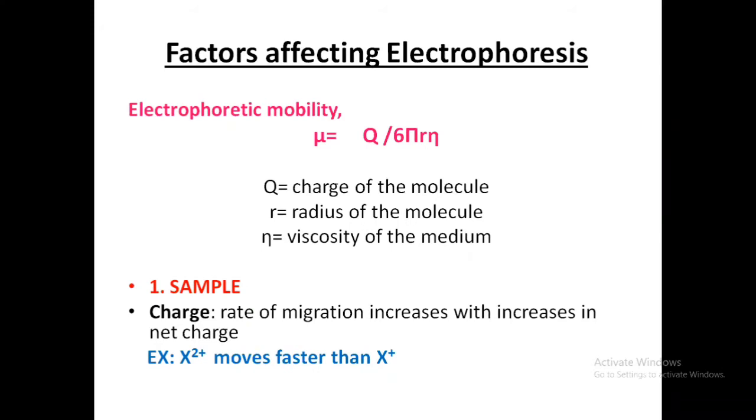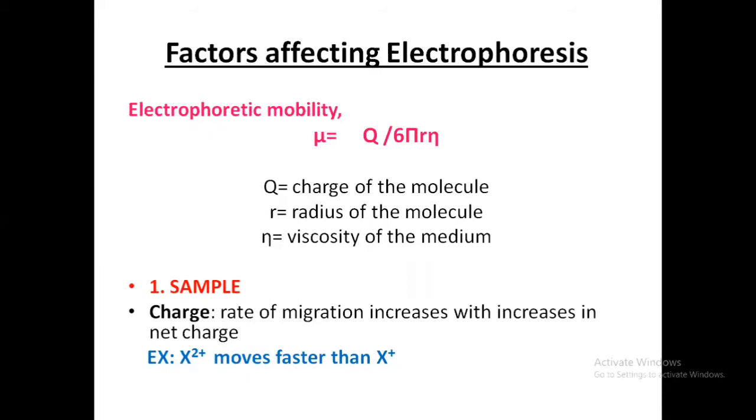The rate of migration is going to increase if you are increasing the net charge. Remember, calcium Ca2+ and sodium Na+. Ca2+ has net charge plus 2. Na+ has net charge plus 1. Now among these two, which one is going to migrate very fast? Calcium is going to migrate very fast.